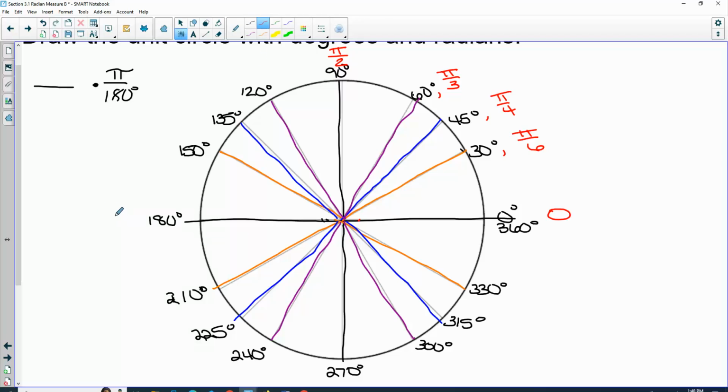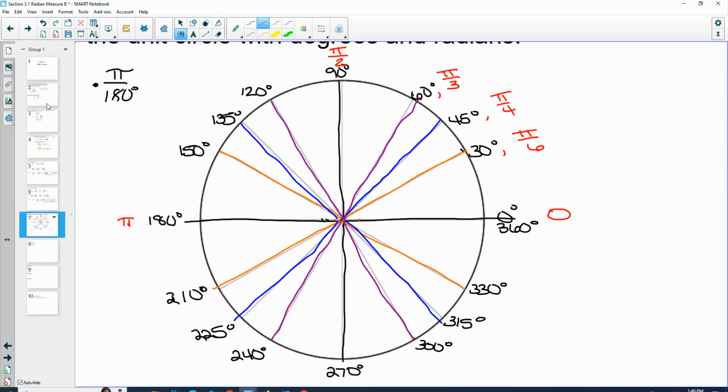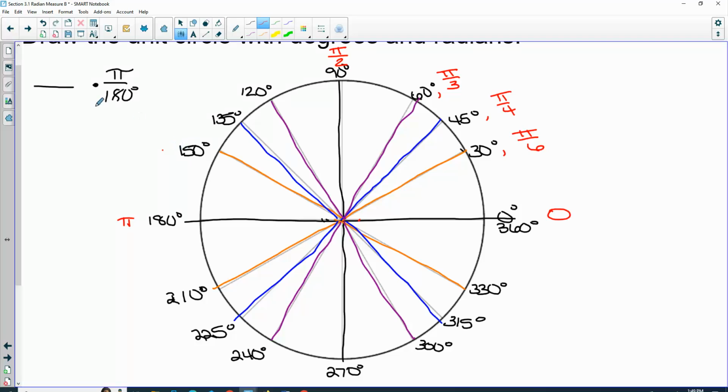So if we come down here, what is 180 degrees? If you multiply by pi over 180, just pi. And we actually found that out earlier. We said 180 degrees was equal to pi. All right, 150. If I go to my calculator and I type in 150 over 180, I'll put that as a fraction in lowest terms.